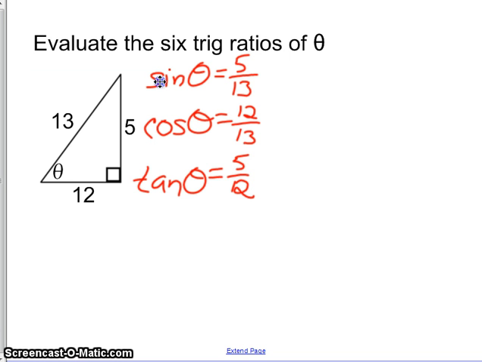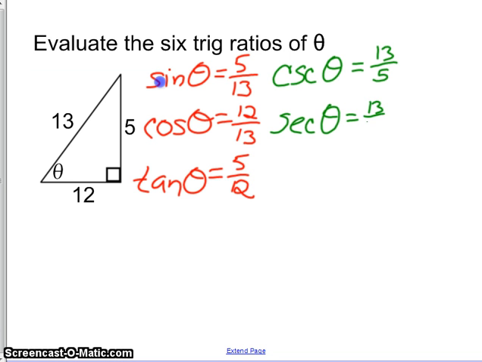And then the reciprocals. The reciprocal of sine is cosecant. The reciprocal of cosine is secant. You have to have these memorized. The reciprocal of tangent is cotangent. Check your work.